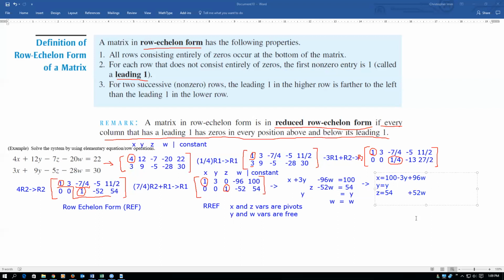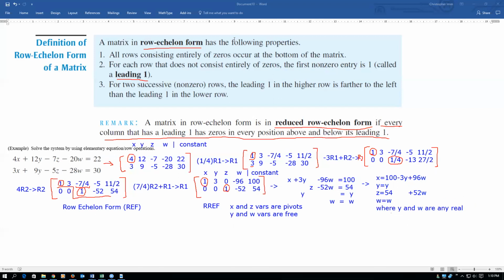And finally, w is free, which means w is equal to w, where y and w are any real number. This is the solution to my system.